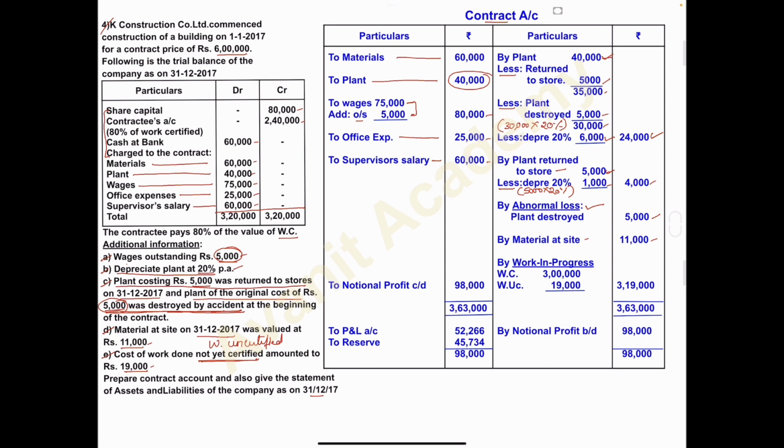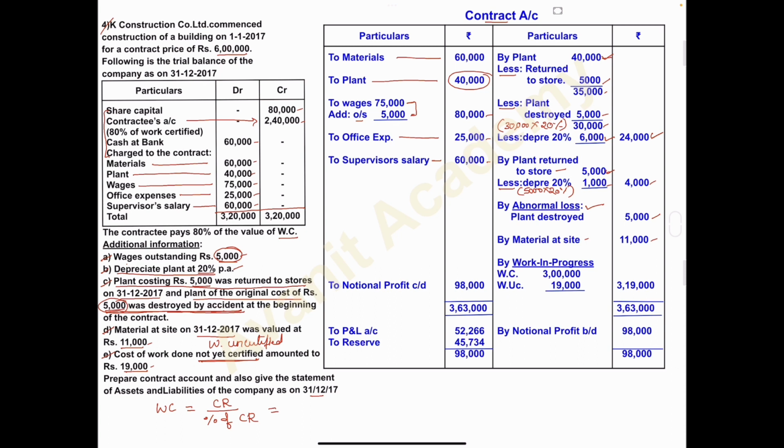Let's see the work certified amount. So in this problem, they have not given a clear amount of work certified, but by taking certain information, we can calculate the amount of work certified. So to calculate the amount of work certified, the formula is work certified is equal to cash received divided by percentage of cash received. So the cash received is, see the contractee account. How much the contractee has paid?